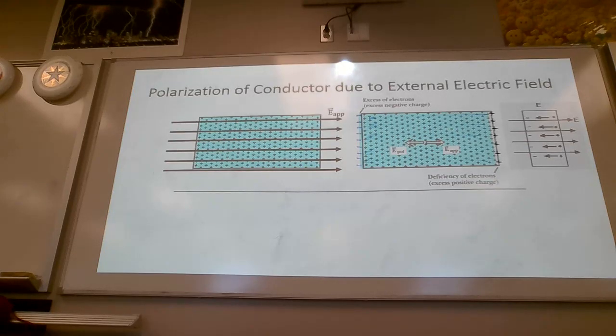Always. If we're talking about circuits, no, that falls apart. But if we're in static electricity, the net electric field inside a conductor will equal 0. There's multiple fields going on here, but the combined effect is 0.